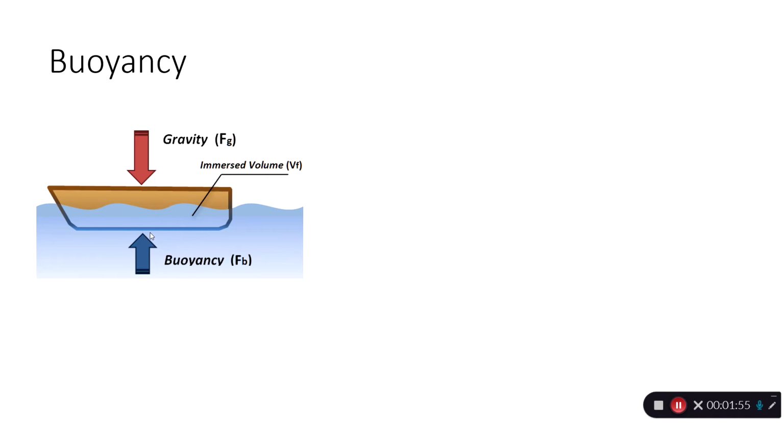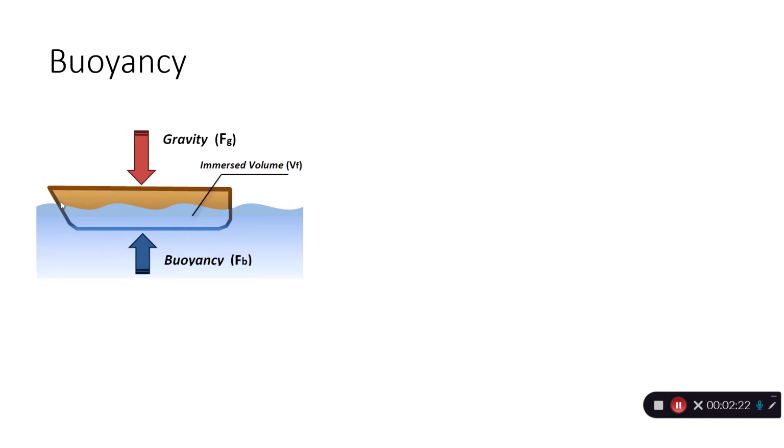So here, of course, we also have an immersed volume, which you can understand when you jump into a pool, all the water splashes away or it moves out, all right, to make room for you. So that volume of water that splashes out is equal to the volume of whatever part of you that are in the water. Okay, just like as it's shown here.